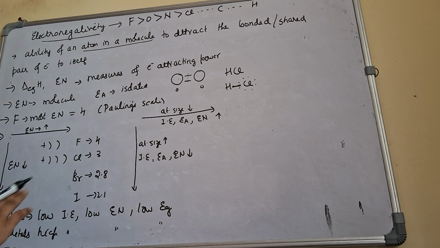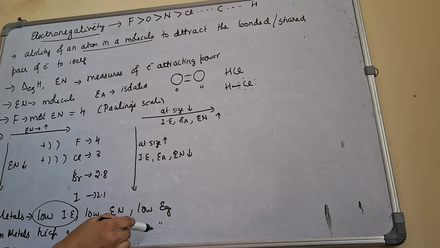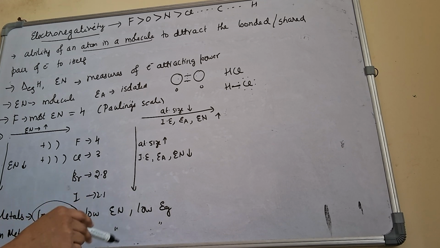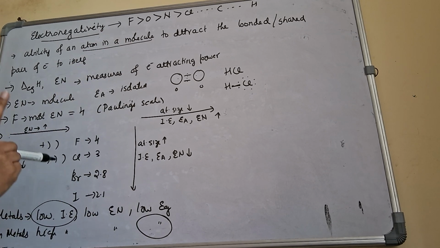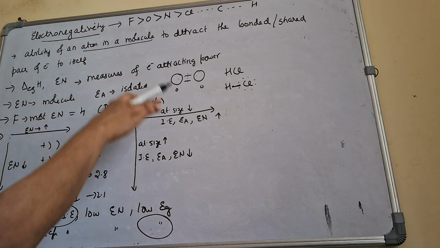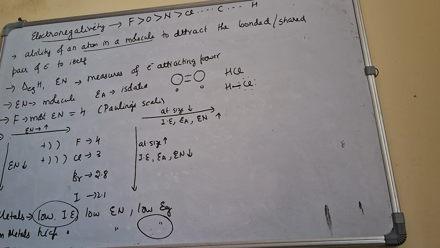Now in terms of reactivity, the lower the ionization energy, the more reactive a metal is. For non-metals, the higher the electron gain enthalpy, the more reactive it is. That's the reason the first group elements have the lowest ionization energy among metals. In the first group, everything is a metal, right? So lower ionization energy means they're highly reactive. You can recollect the reactivity series also.